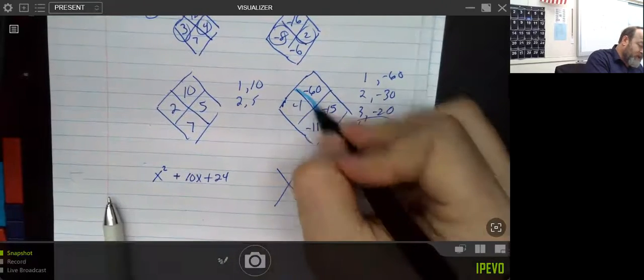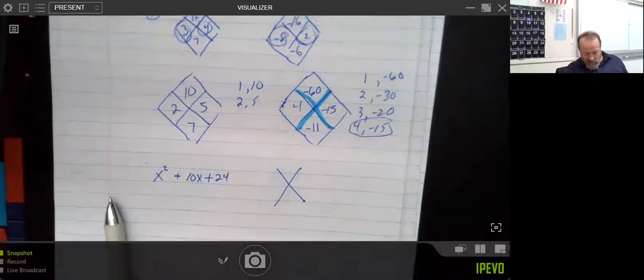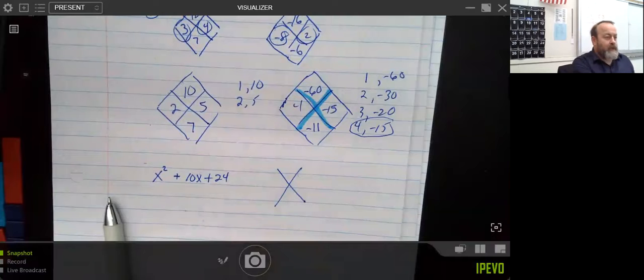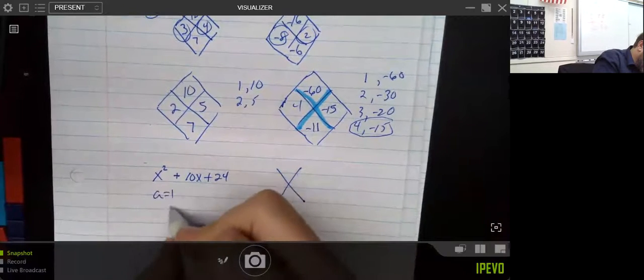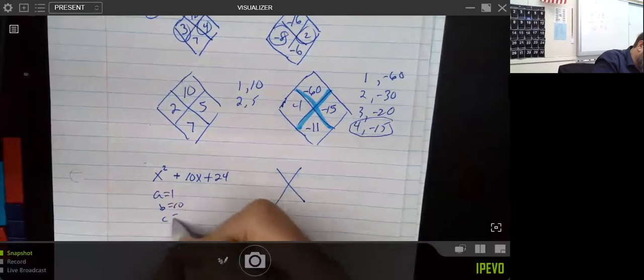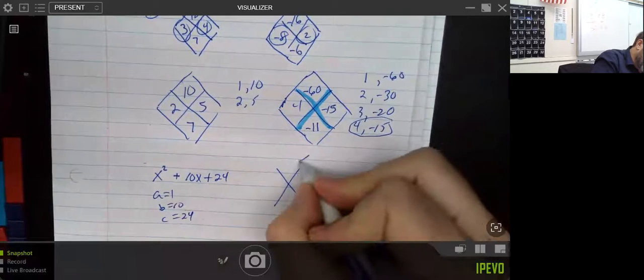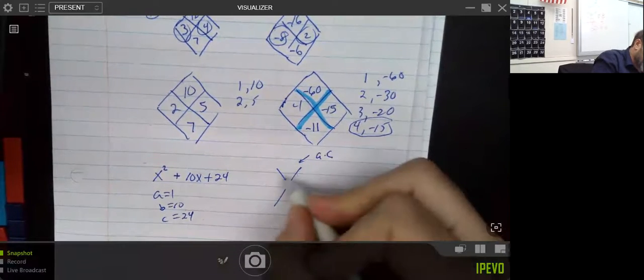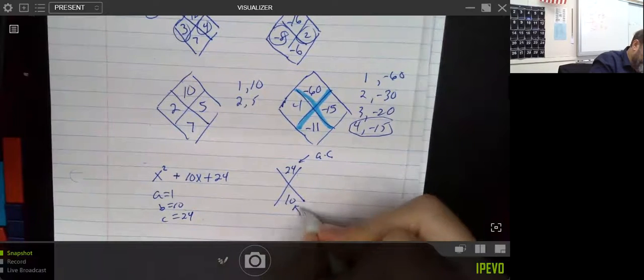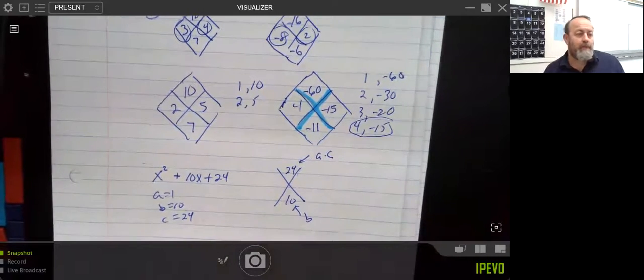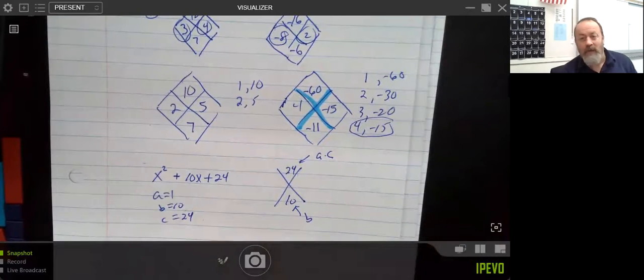If this is really a diamond problem, I just don't bother to draw the full diamond. I lost some of my algebra tiles. But remember, A was 1, B was 10, and C was 24. The top right here is A times C, and the bottom number is the number 10, which is B. So now I've got to think through some numbers that multiply to 24, but somehow add to be 10.